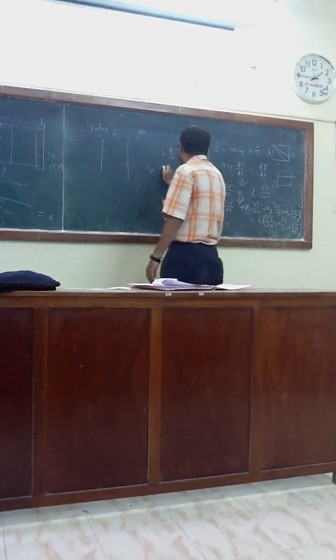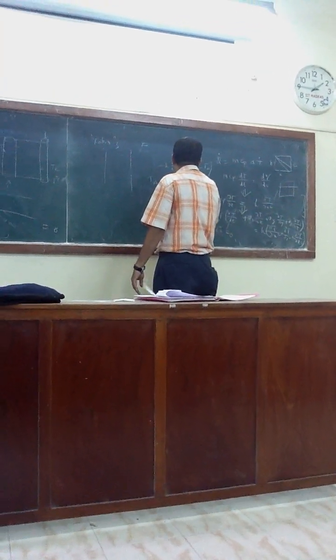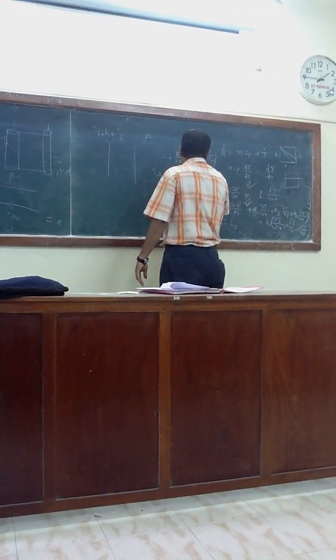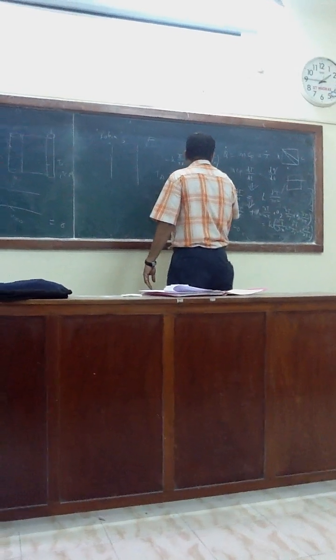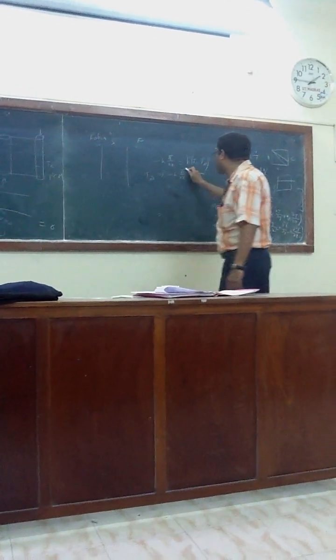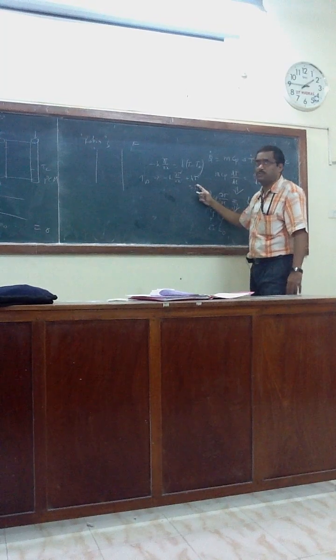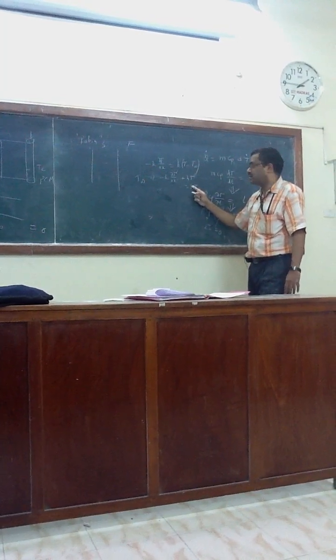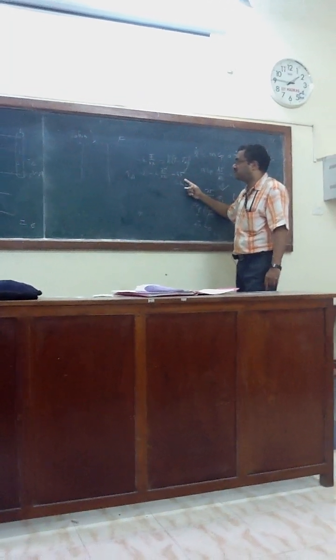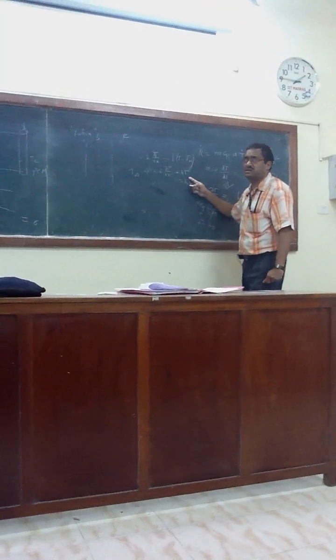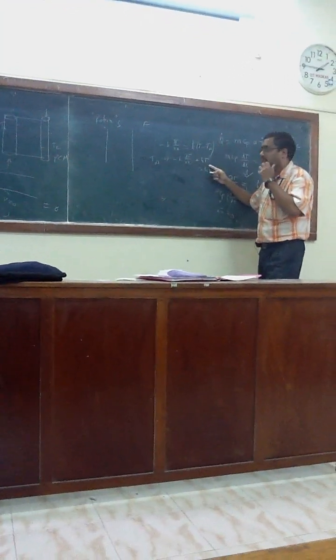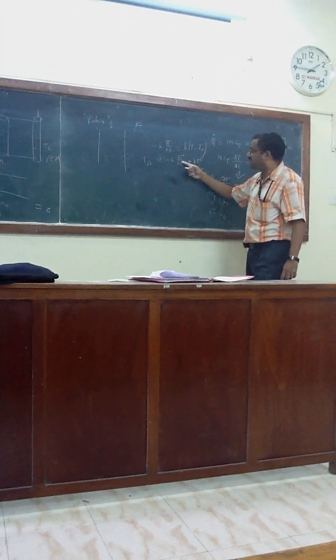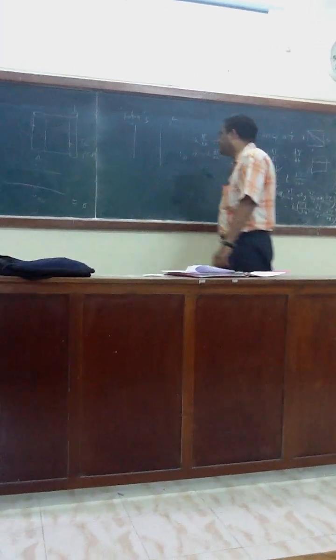I will just expand: minus k dT/dx plus hT equals hT infinity. We look at derivative and function, both are present. This type of boundary condition is called a mixed boundary condition or Robin's boundary condition, a mixture of function and derivative.